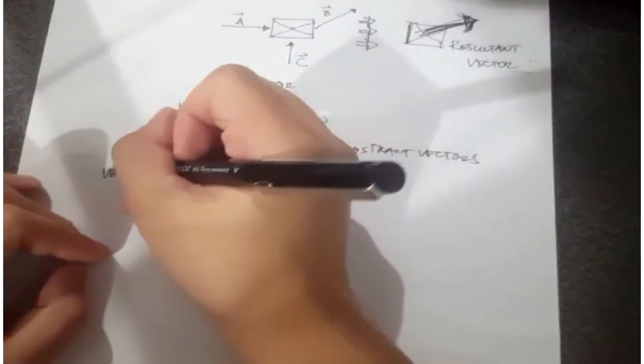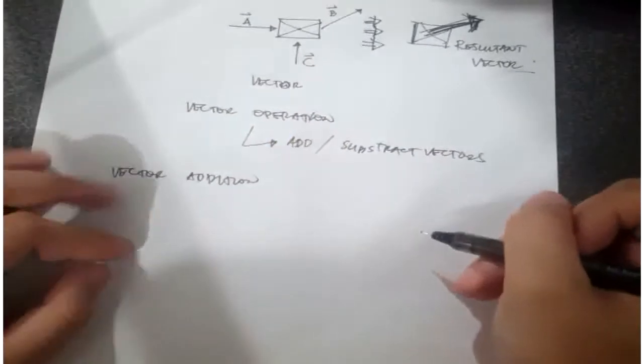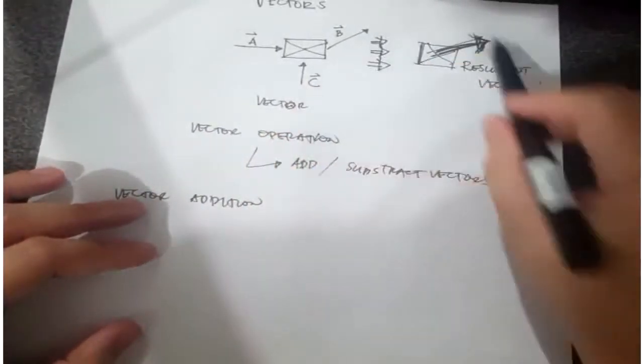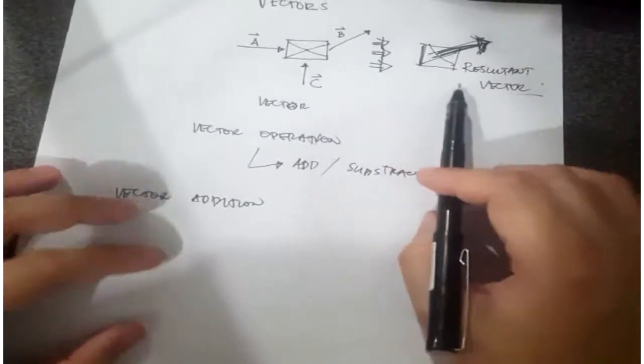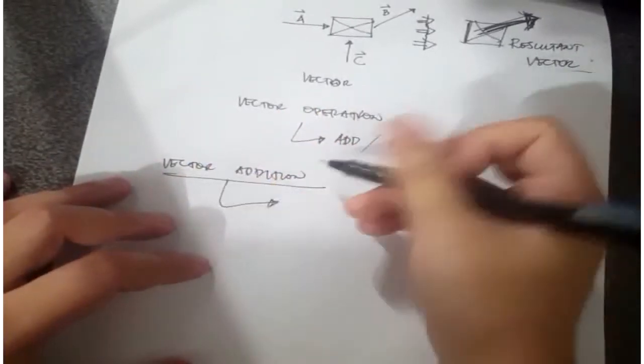So for vector addition, we can add vectors A, B, and C to come up with this single vector, the resultant vector. For vector addition, we have two main approaches.